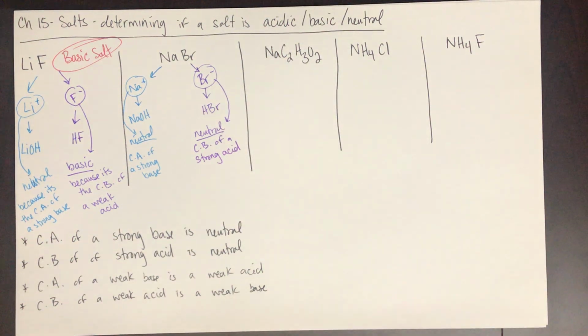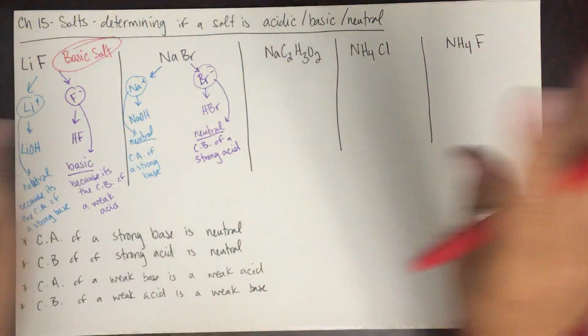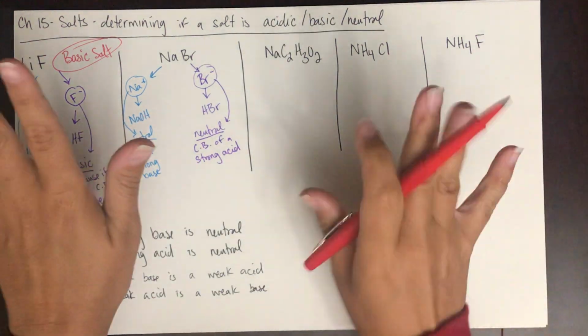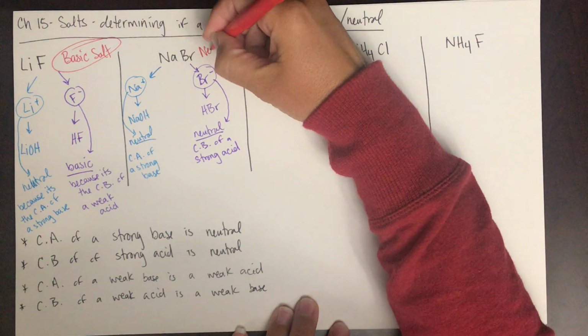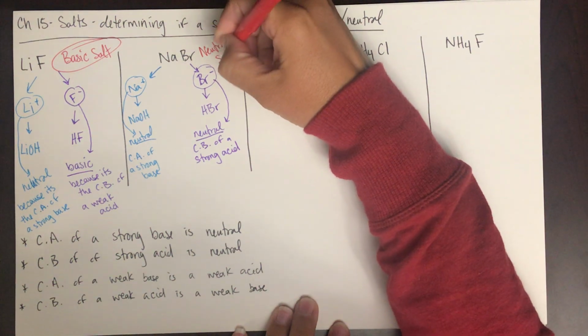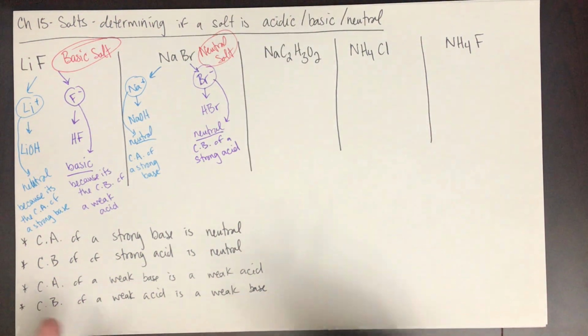So that means when you put sodium bromide into water and the sodium ion and the bromide ion ionize, this is a neutral salt. It's a neutral salt because neither of these ions affect the pH. They both are neutral. So let's look at the next one.